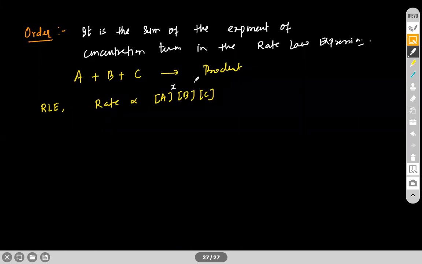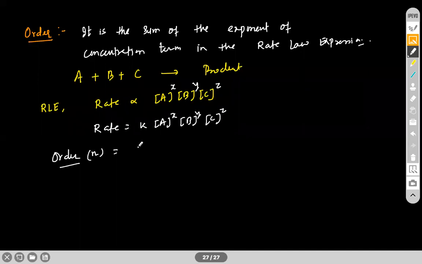Again, x, y, and z can be equal to the stoichiometric coefficients here. So the rate law expression is R equals the rate constant K, concentration of A to the power X, B to the power Y, and C to the power Z. For this, the order of the reaction is represented by n, and n equals x plus y plus z. This is clear?